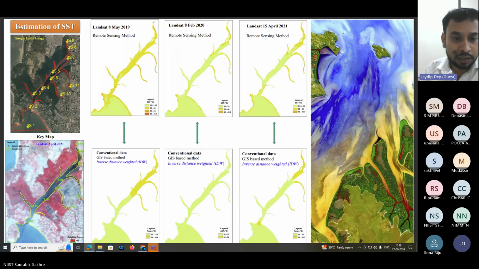You can see the temperature is lower at the mouth of the creek, and it increases as we reach the inner portion of the creek and adjoining drains.